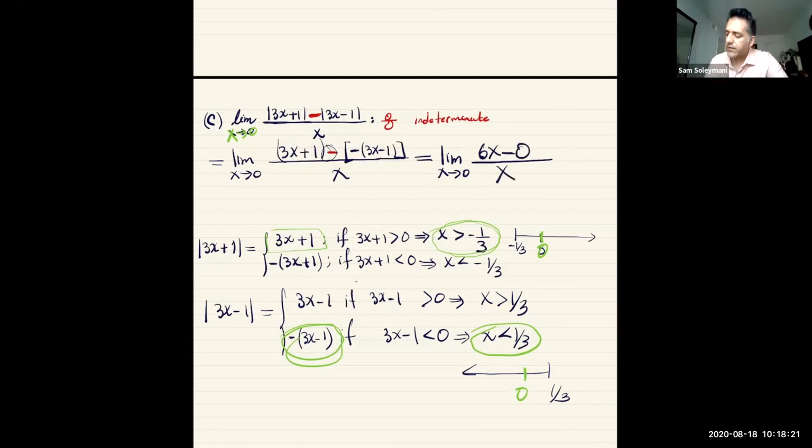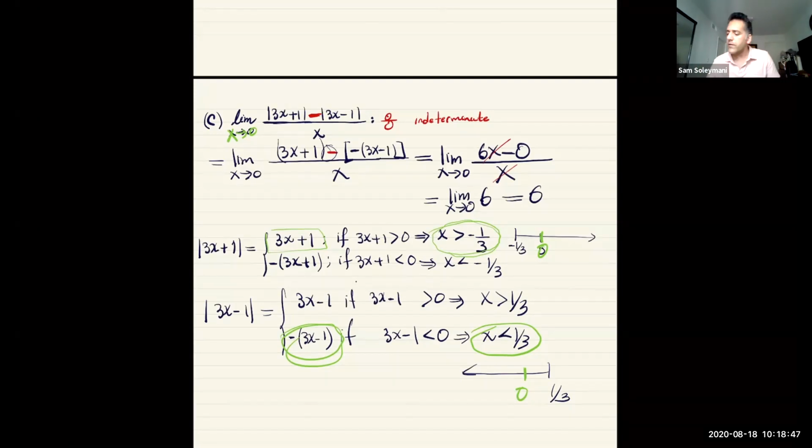Yes. Over x. I hope that makes sense. So this one and that one cancel out, and you get basically the limit as x goes to 0 of 6, and that limit is equal to 6 because these x's cancel out. All right, so the limit of this function is actually 6.